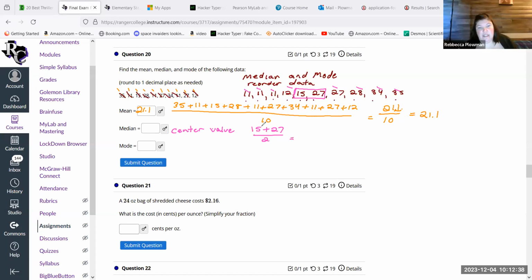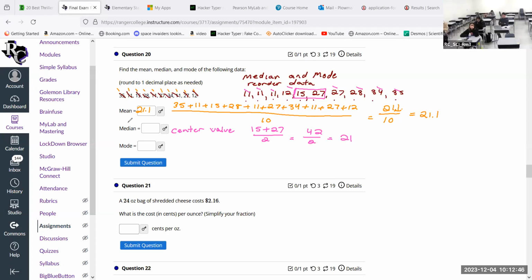So 21 plus 21, 42 over 2. So we end up with a 21 here. So I just took the average of the centermost data. So remember, if you have an odd size data set, then it should just be one number in the center.